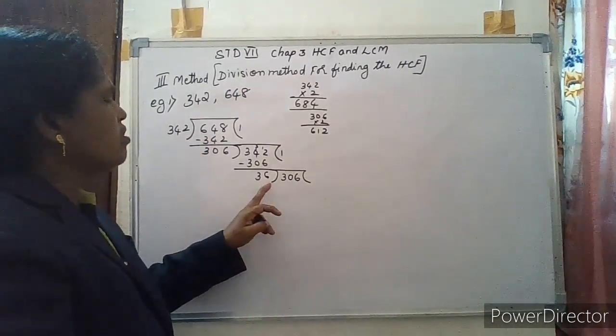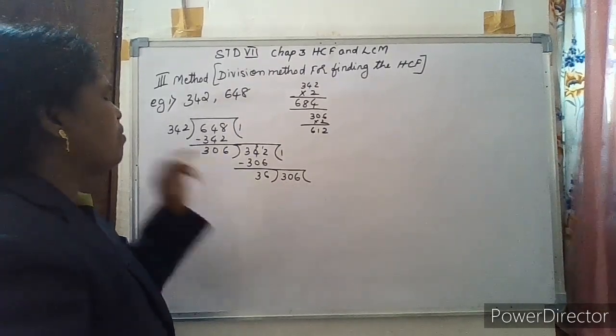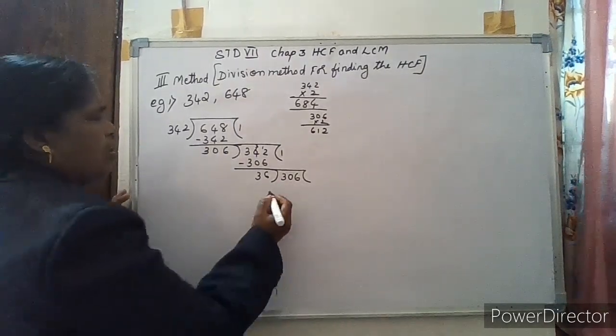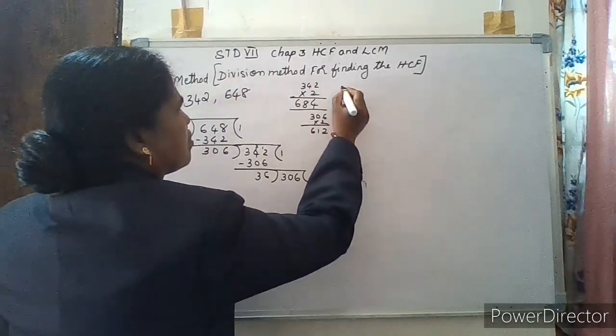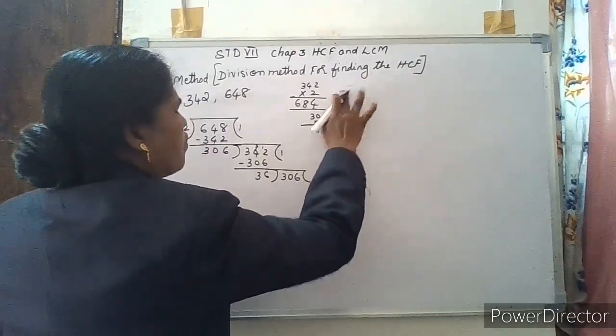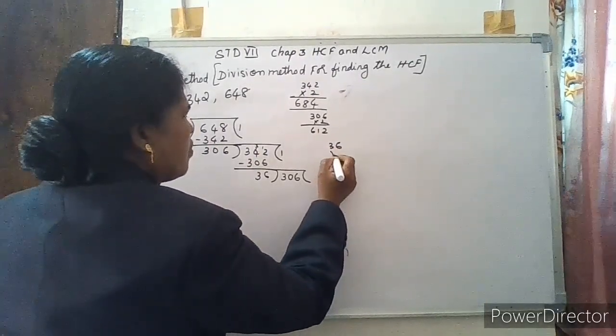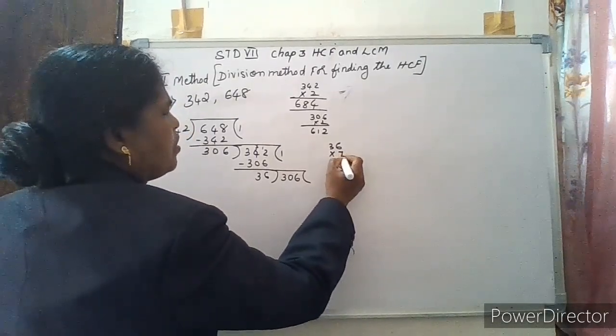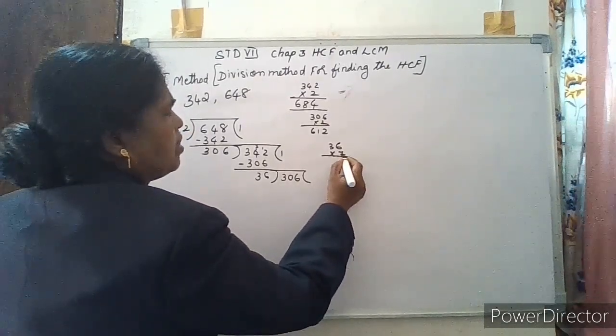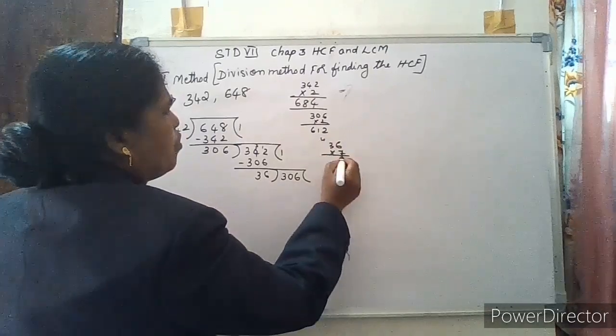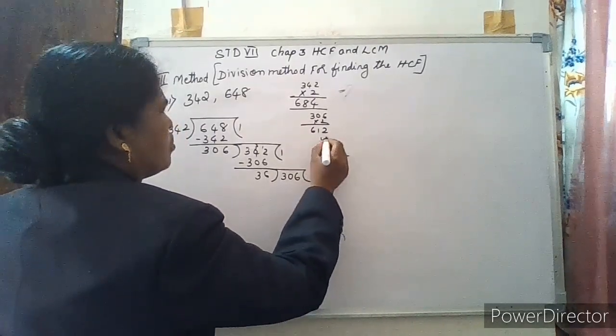So 306 divided by 36. Now 36. Suppose 7, I take, 7 6s are 42, carry 4. 7 3s are 21. Let it be 5.